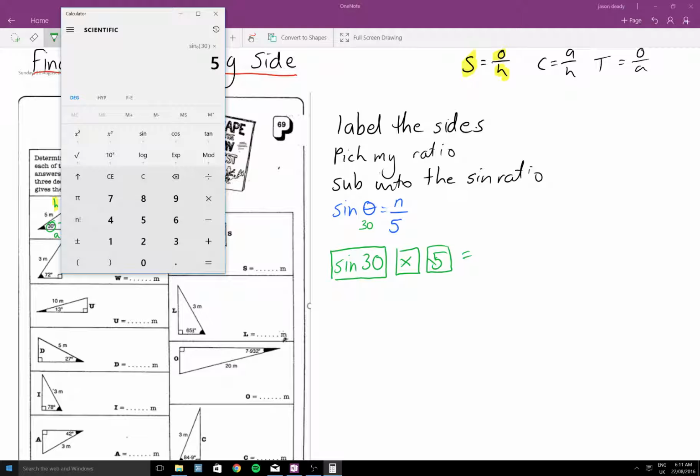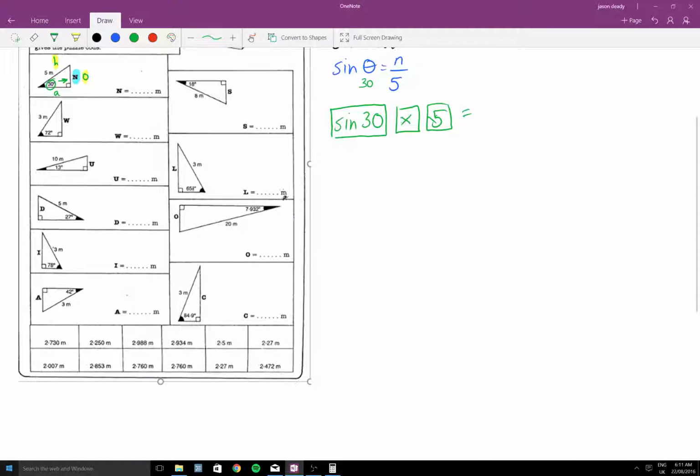Times 5 equals 2.5. And if we look down there, we've got 2.5 meters. So n equals 2.5. Okay, 5 lots of sine 30, or 0.5, equals 2.5.